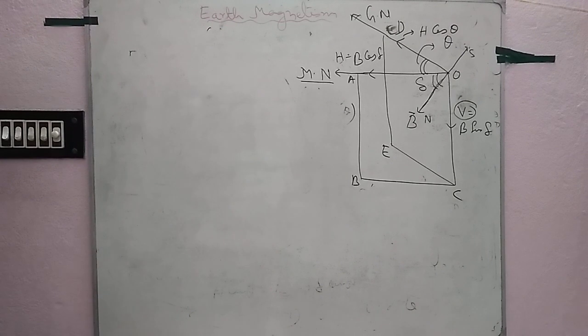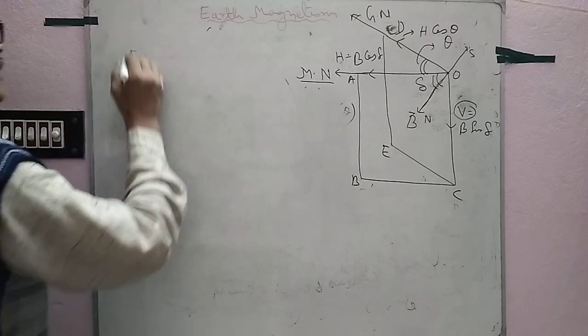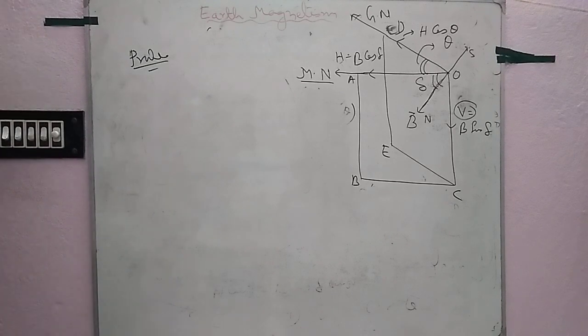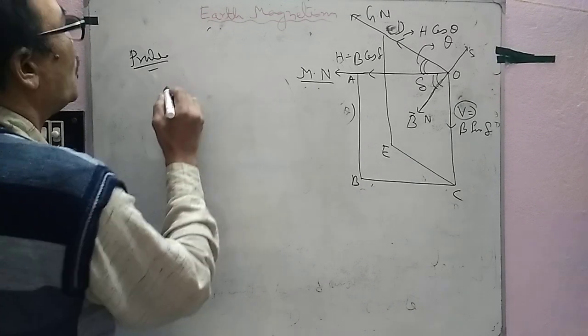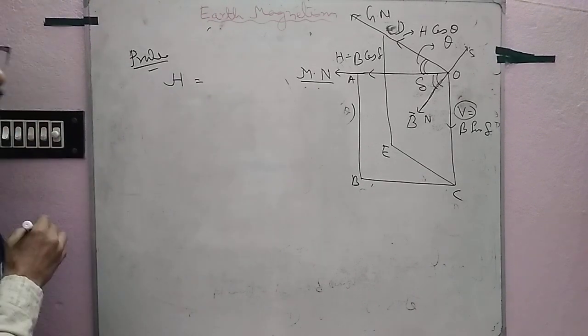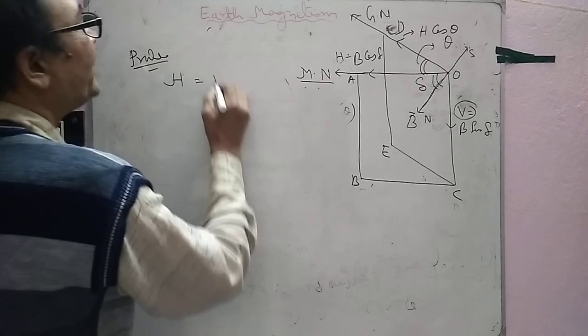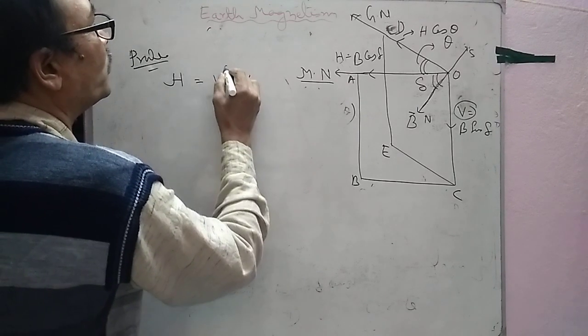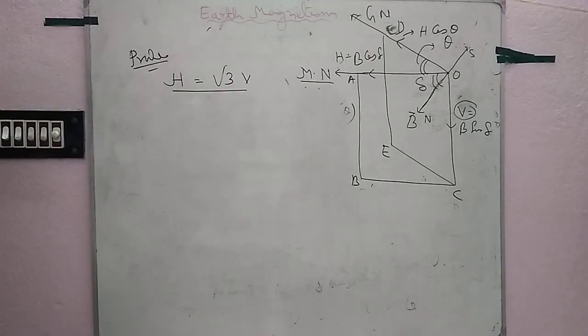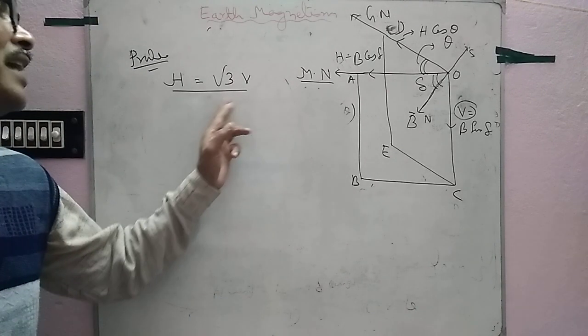Another point. Suppose a problem: the horizontal component of Earth magnetic field at a place is root 3 times the vertical component.